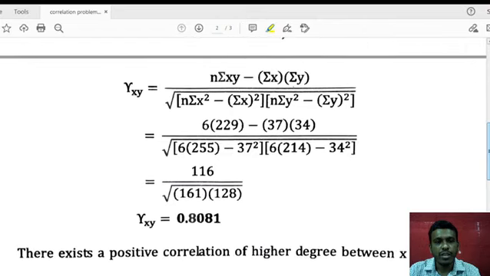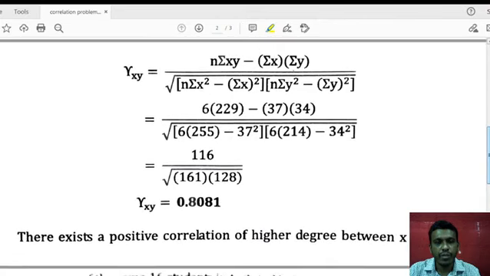You can use the formula for Karl Pearson's coefficient of correlation, Rxy. So the coefficient of correlation between x and y is Rxy equal to n into summation xy minus... What is n?